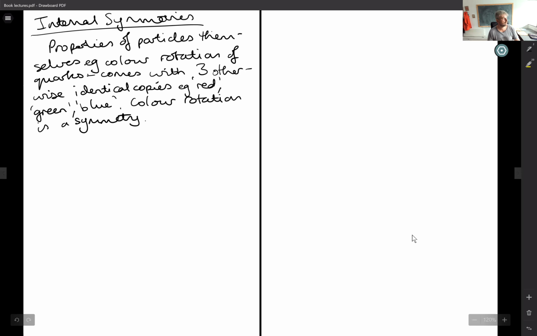And more than that, we can rotate all the red quarks everywhere into blue quarks if we wanted. But actually, it seems like the symmetry is much stronger than that. If we insist that we can rotate red quarks into blue ones over here and red ones into green ones over here, and then change it tomorrow, that's what we call a local or a gauge symmetry.